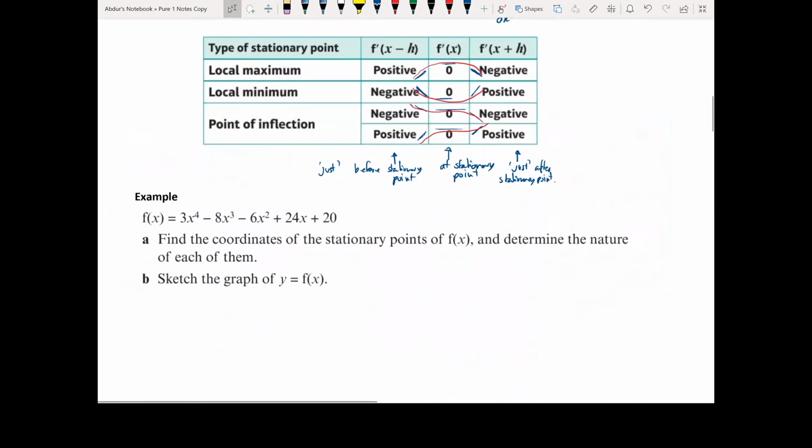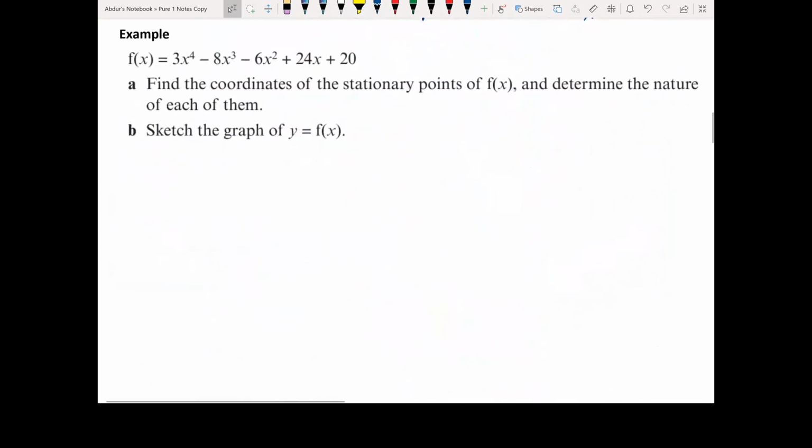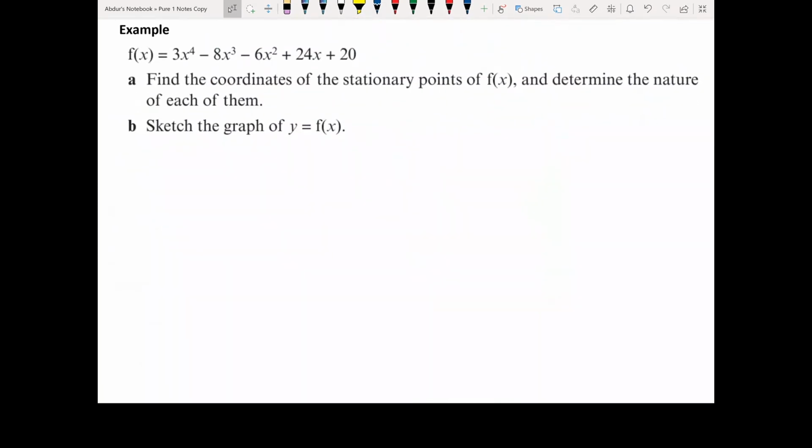So let's look at the application of this to a particular example here. Here we've got a function f of x, and we want to first of all find the coordinates of the stationary points of f of x. So I'll just do line by line maths. I'll go up to the comma and just focus on this first bit here. Find the stationary point. Now we know that at the stationary point, the gradient dy by dx is equal to 0.